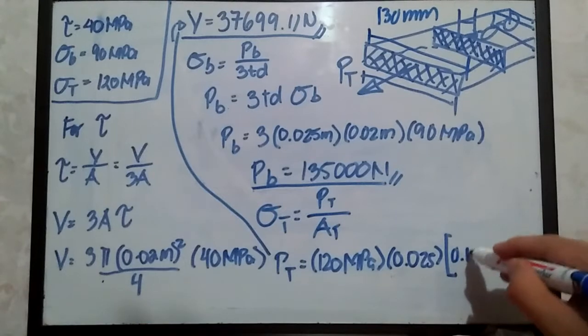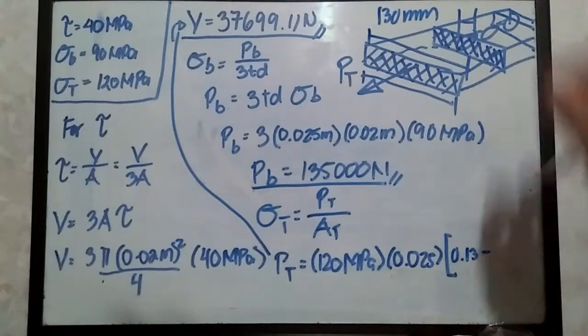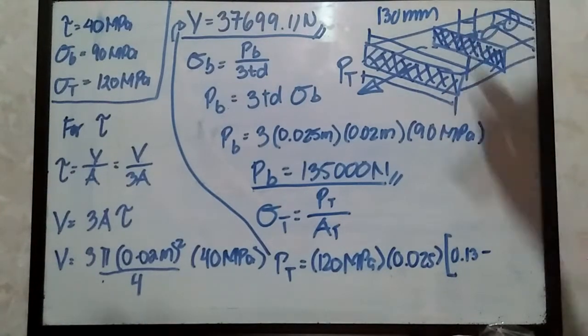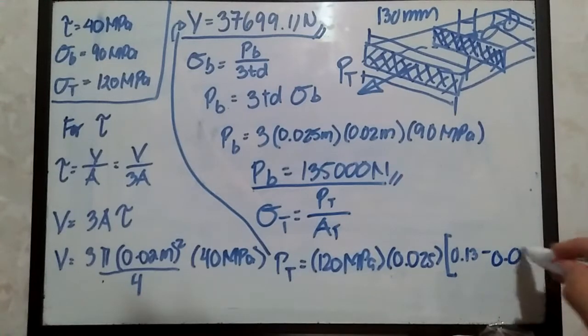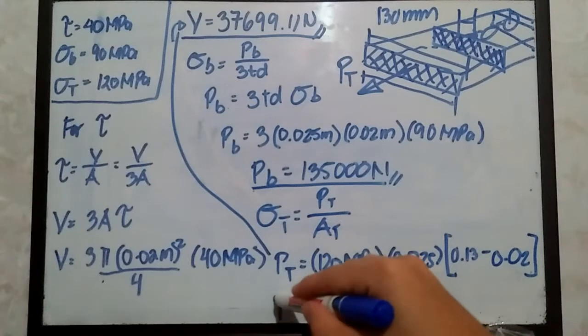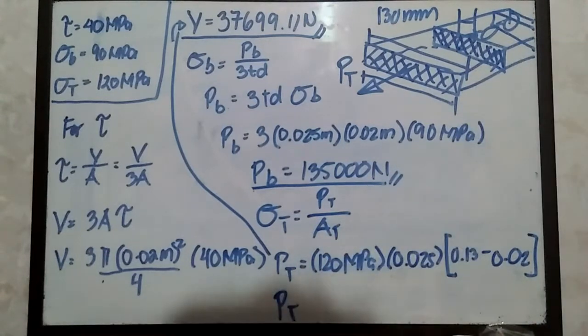So 0.13 minus the diameter of the rivet, 0.02.